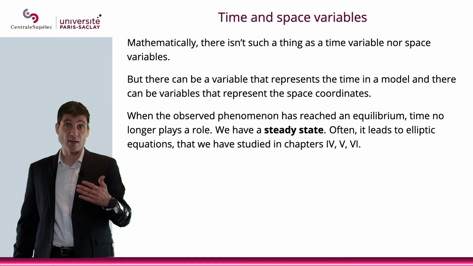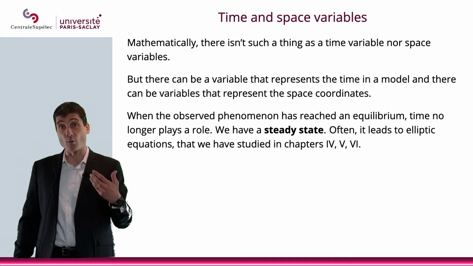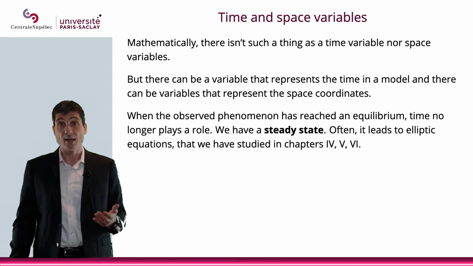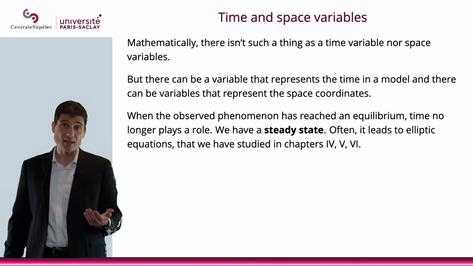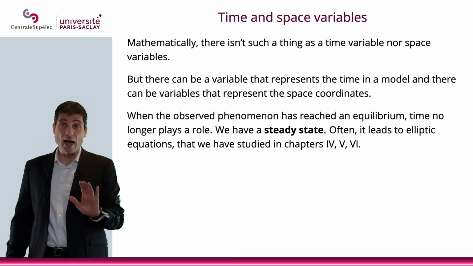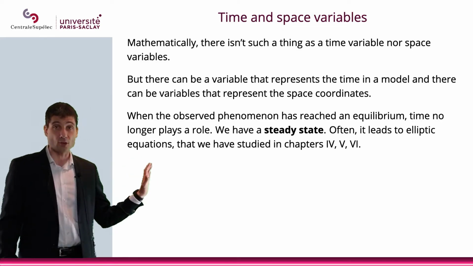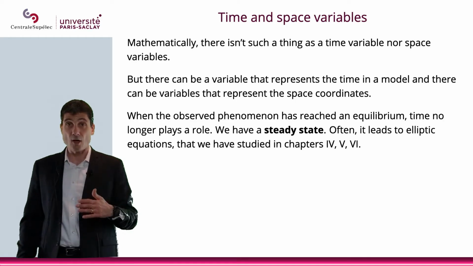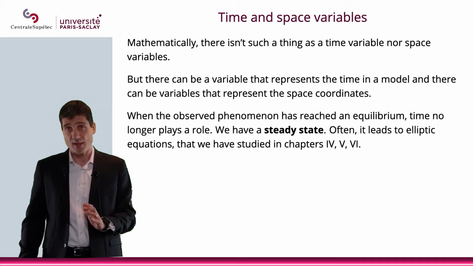For instance, if you take the heat equation and you remove the time derivative of u, what you obtain eventually is the Poisson equation, minus Laplace u equals f, right? So I wanted to point this out. There is not such a thing as a time or space variable, but for practical purposes, coming from modeling, we will actually have time and space.